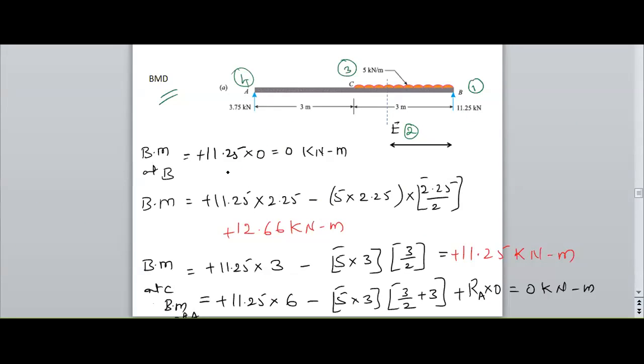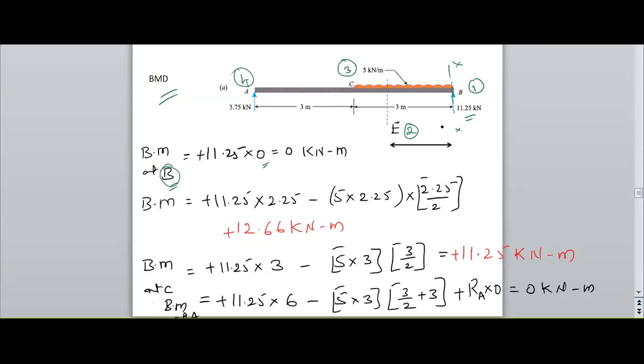Therefore, the first point is B. Bending moment at B: the point load and its perpendicular distance from the section is at B only. There is no perpendicular distance.